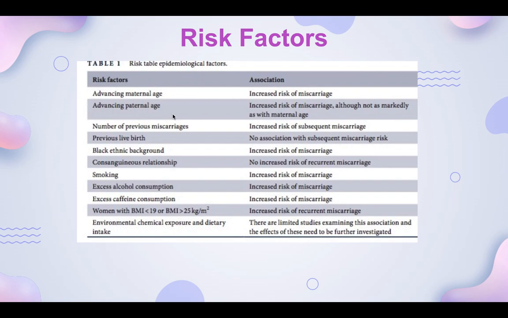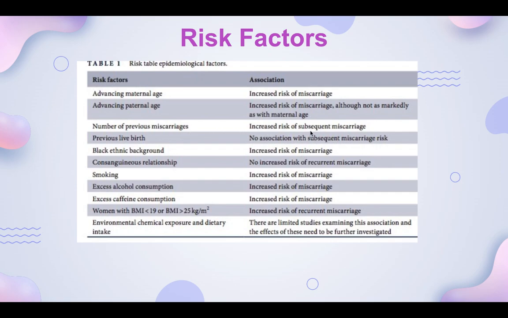Now advancing paternal age increases the risk of miscarriages, although not as markedly as maternal age. It means maternal age is still the most important factor and paternal age is also a risk factor and it increases the risk of miscarriages, but not as markedly as maternal age, right? Now, the other risk factor is the number of previous miscarriages.